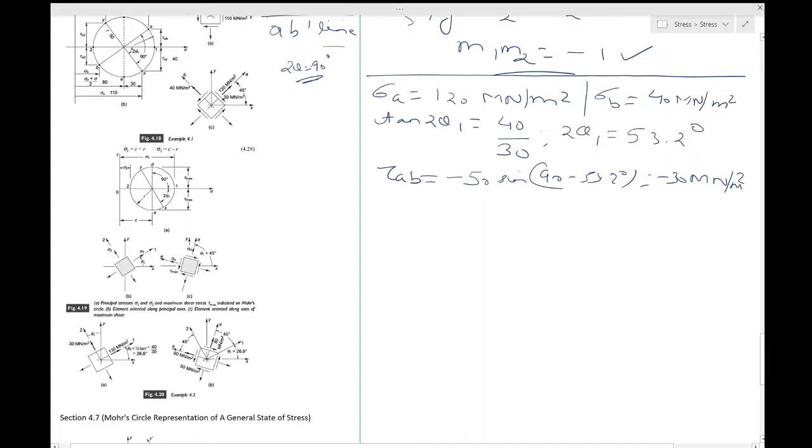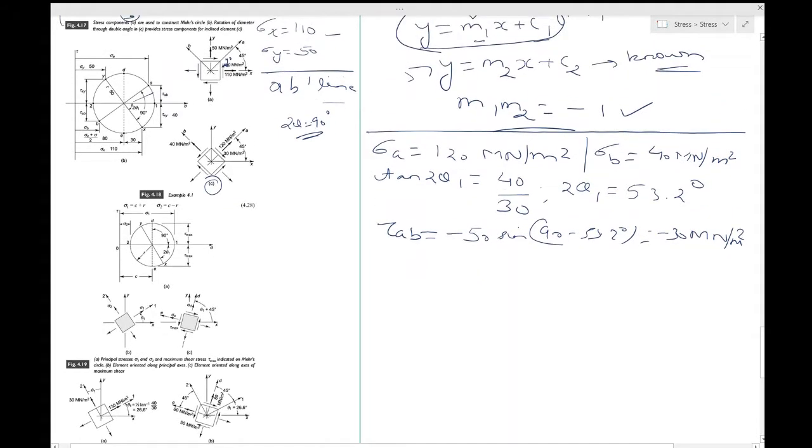So you've got tau AB as well, and these stress components are shown acting in their correct directions on the faces of the inclined element in 4.18C. So 4.18C is this. You have to put sigma A as 120, sigma B as 40, and tau AB as 30, but you look at this arrow.